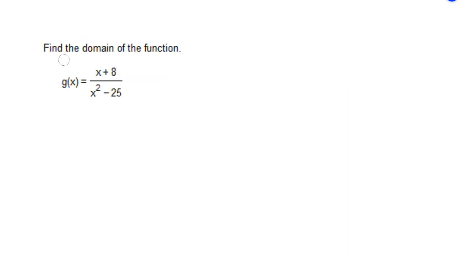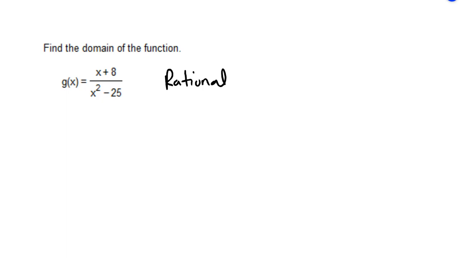This question says, find the domain of the function g of x equals x plus 8 over x squared minus 25. This function has a variable in the denominator, and so we'll categorize this as a rational function.